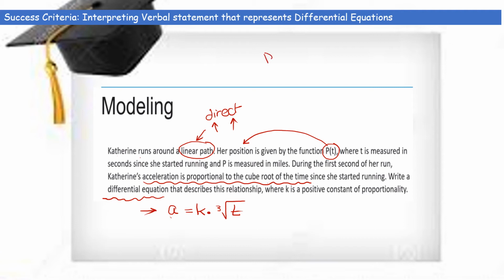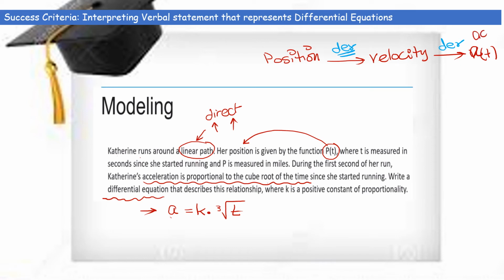Remember, we have studied before that if the position of something is given to us, we take the derivative, and on taking the derivative of the position, we find the velocity. And if we take the derivative of velocity, we find our acceleration.